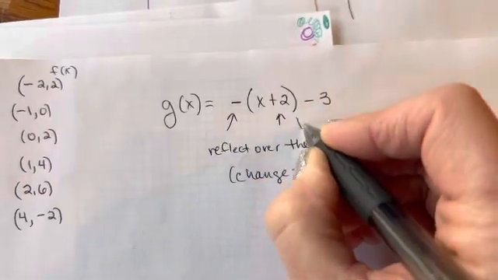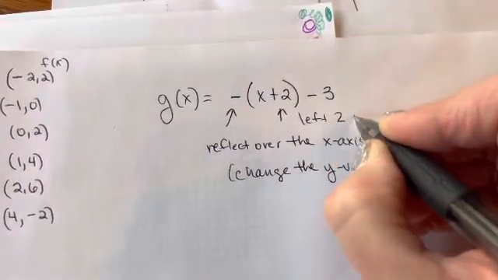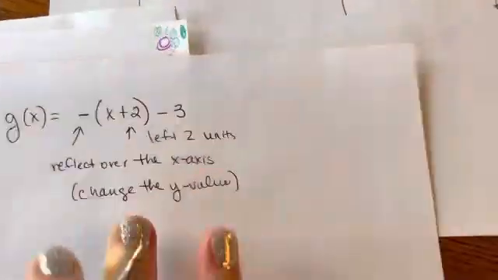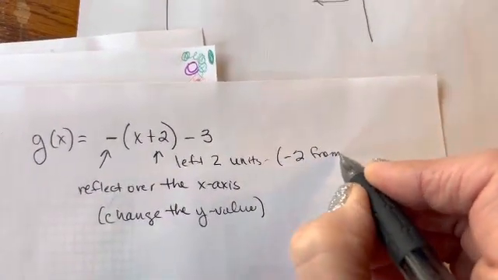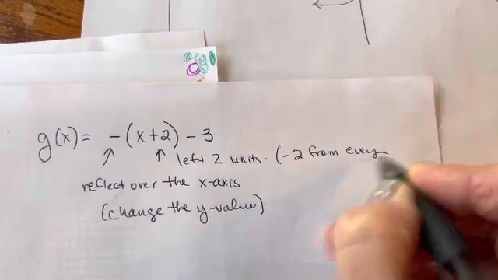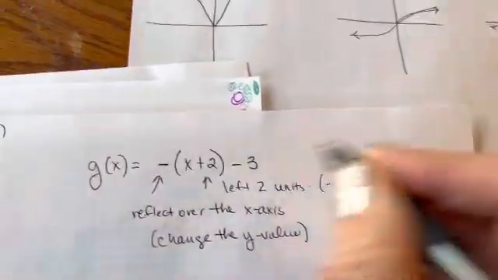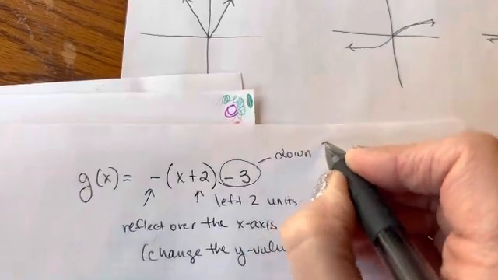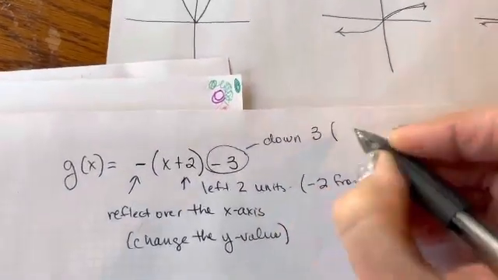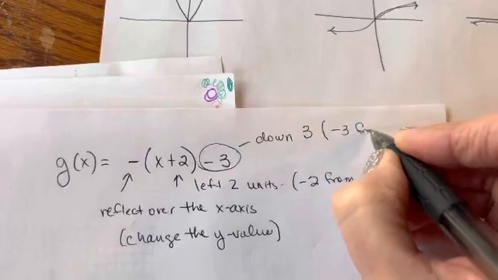This means I'm going to go left 2 units, or you're going to subtract 2 from every x value. Okay, this means it goes down 3 units, which means I'm going to subtract 3 from every y.